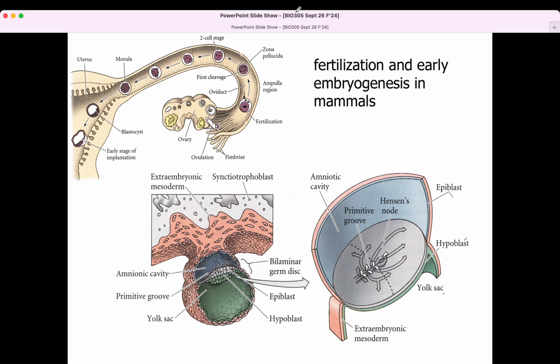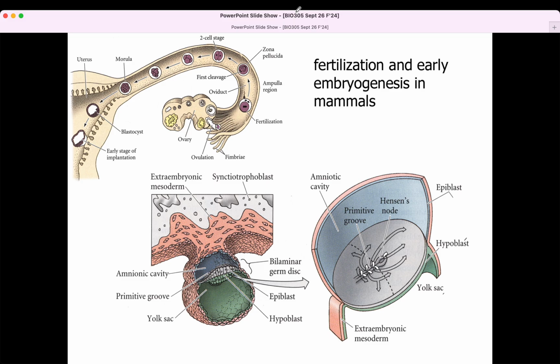For the egg, it takes about a week for it to be ovulated and move to the uterus. It varies some, and during that time, anywhere along that time, it could get fertilized. So the timing of fertilization varies a little bit, just a little bit. But we're talking about just like the first week of development in a human embryo.